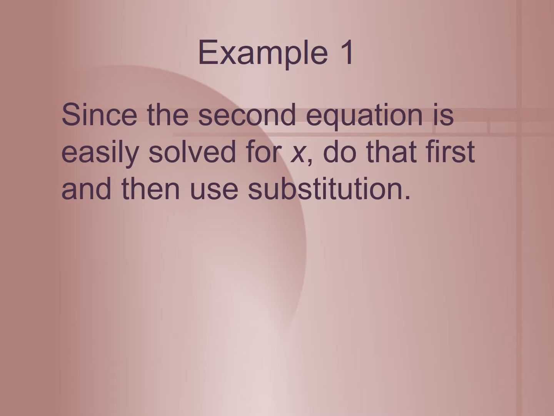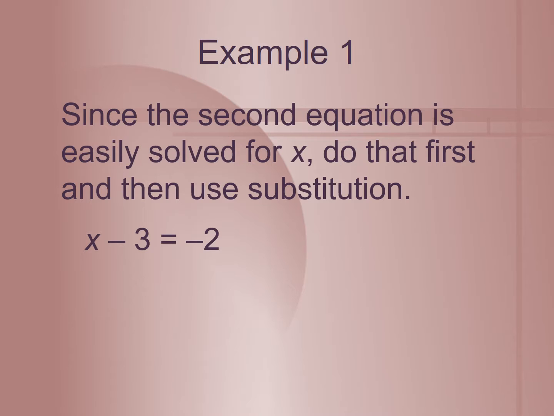So, if we look at example 1 in 7.5, since the second equation is easily solved for x, we're going to do that first and then use substitution. We had x minus 3 equals negative 2 as the second equation in example 1.